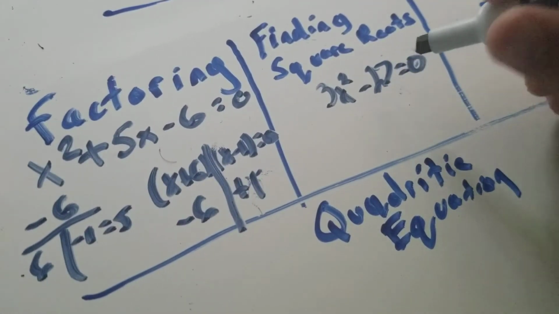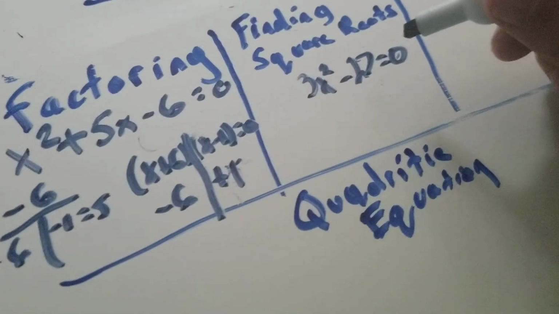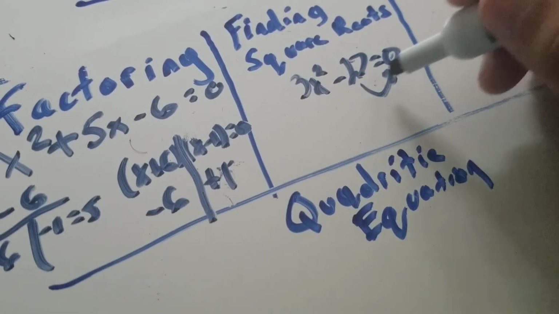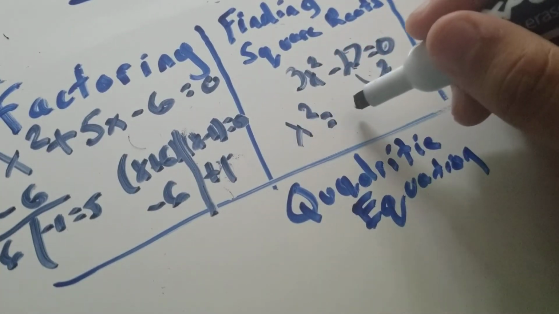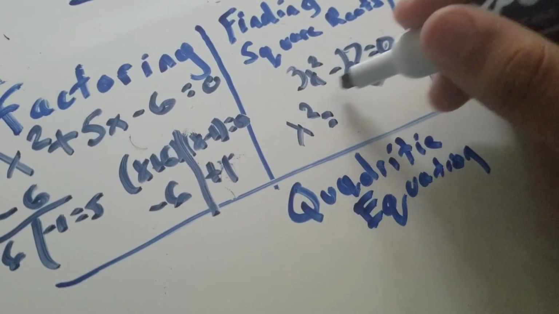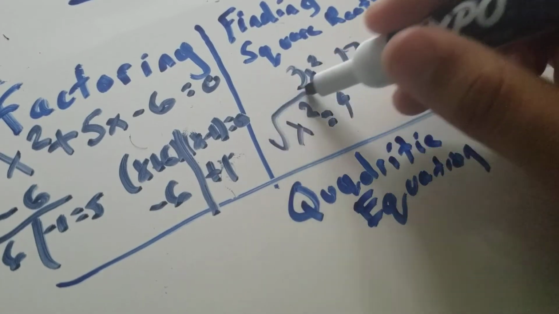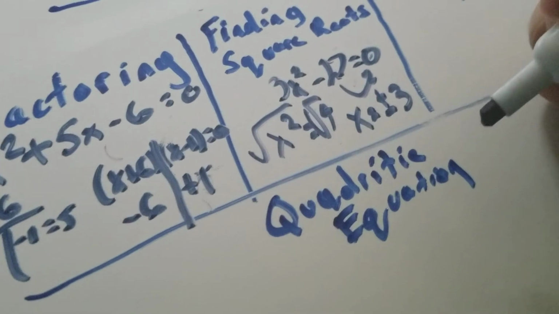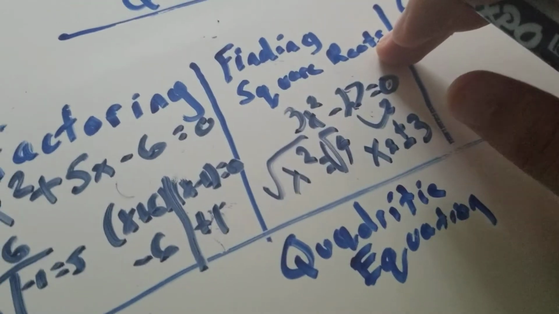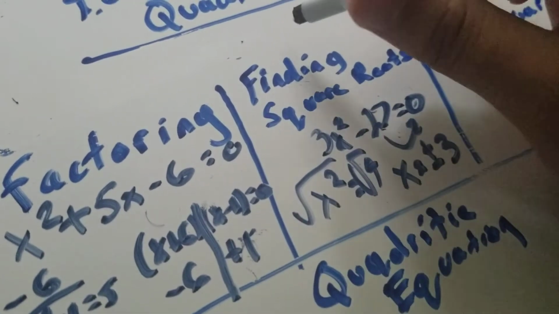What we want to do is just do normal algebra, which is move 27 over here by adding, and then divide it by 3. So we get x squared equals plus 27 divided by 3, 9. Then you square root both sides, and you have x equals plus or minus 3. So finding square roots is very useful when you don't have a bx.